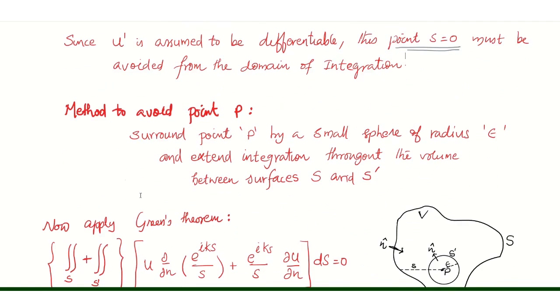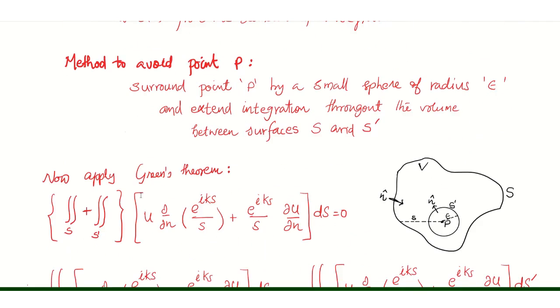We make a second surface. Surround the point P by a small sphere. Here you have an arbitrary surface, but for the sake of convenience, we use a spherical surface around P and extend the integration throughout the volume between surface S and S prime.